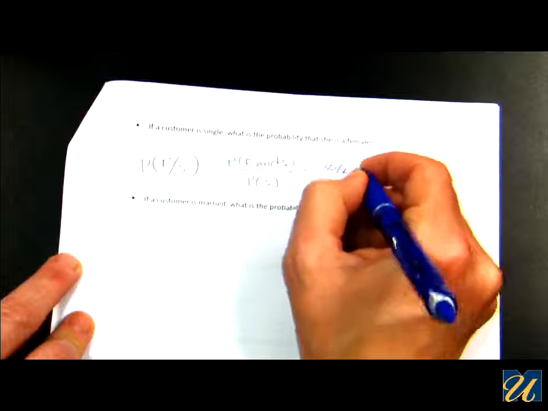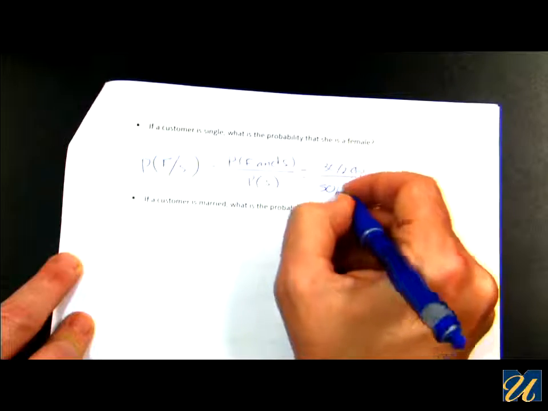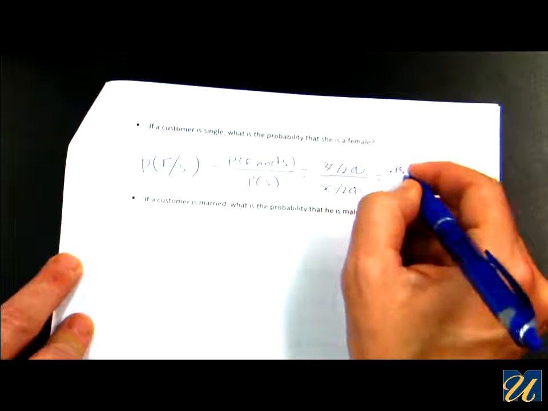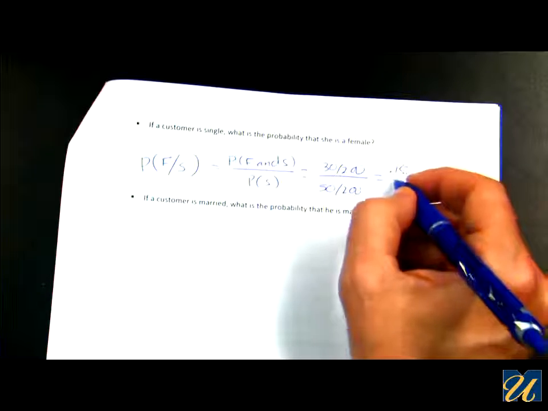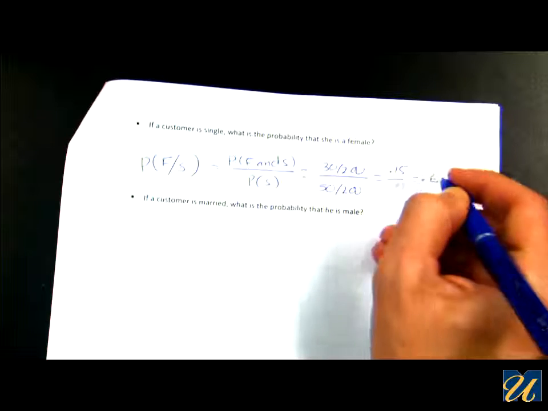Female and single is 30 over 200. Probability of selecting a single is 50 over 200. So 0.15 over 0.25, 0.6.